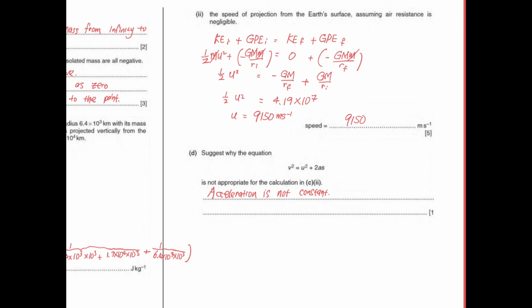But this is all the way to outer space. Only Earth's surface can have a fixed value of gravitational acceleration. So when they reach outer space, it is not that value anymore. It changes to something else, so it is not constant, and we can't use this.